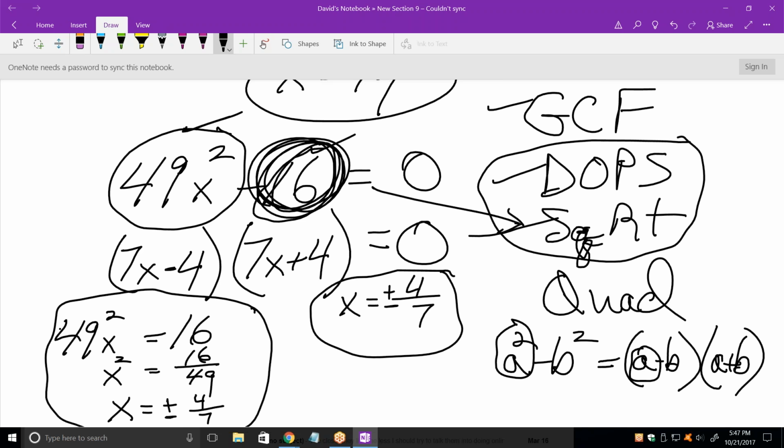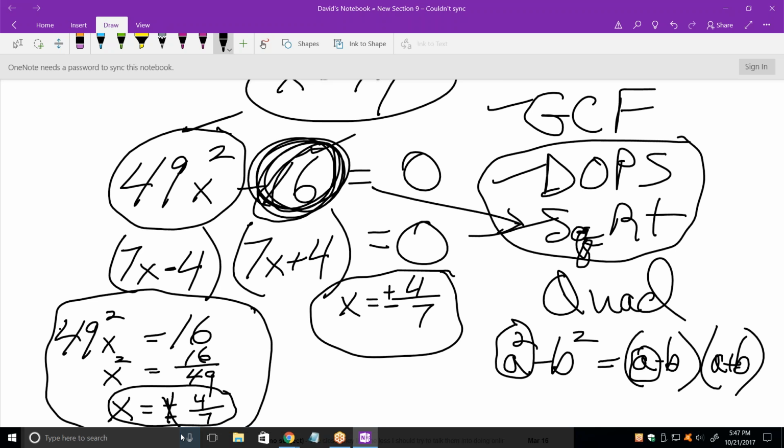Although not everybody would know what the square root of 16 over 49 is. But the problem with doing it by taking the square root of both sides is most people leave this off. They forget it. By most, I mean 90%. So they come up with one answer only, and you lose half credit on the problem.